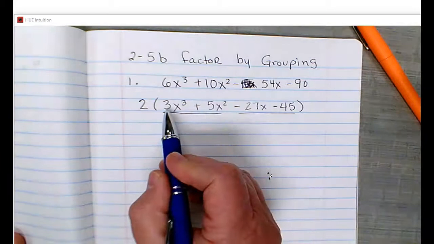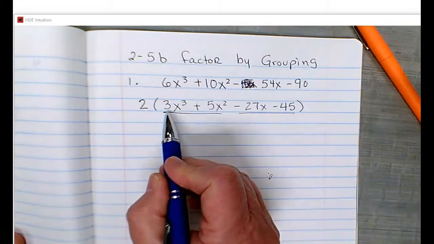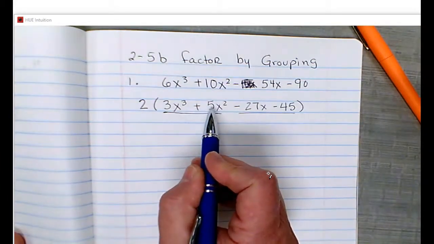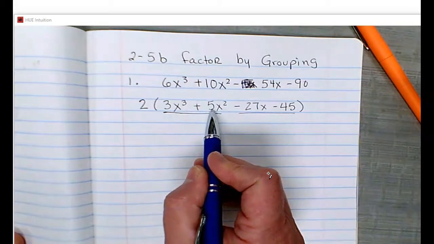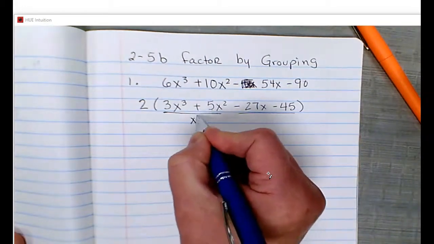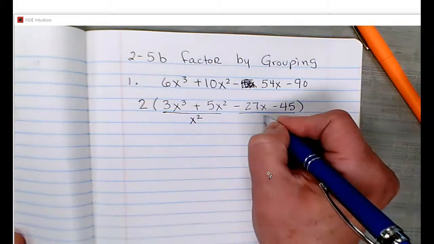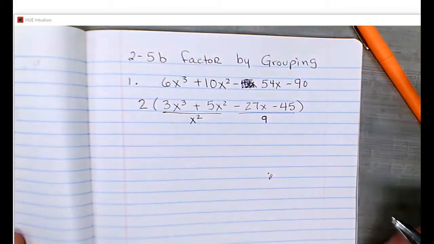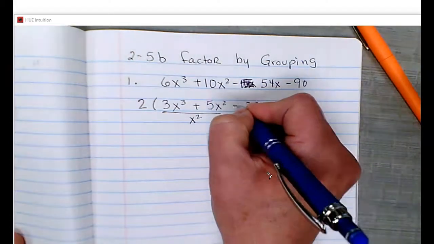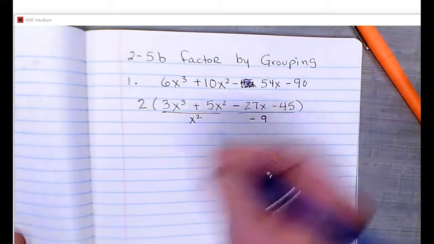The only thing that factors out of 3 and 5 is 1, but they both have an x squared. 27 and 45 are both, you can factor out a 9, and whatever this sign is what I'm supposed to use there.